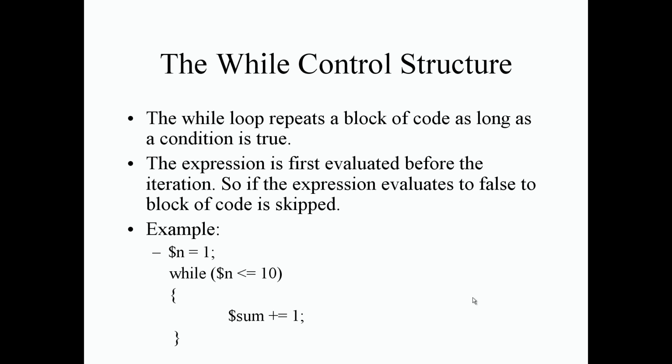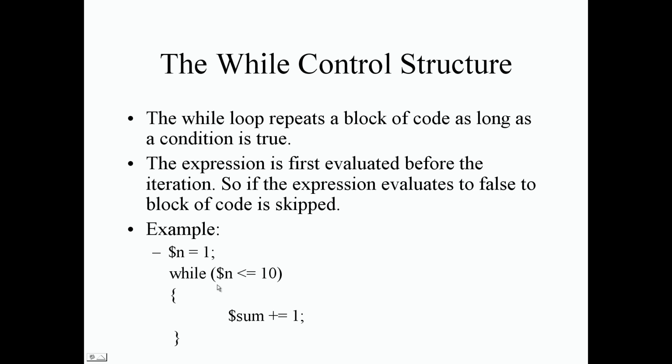So for example, if we look at n is equal to 1. It's saying while 1 is less than or equal to 10, we want to run this block of code. So we're going to add 1 to a new variable container, which is 0. It's going to continue to add 1 until this variable is 10.